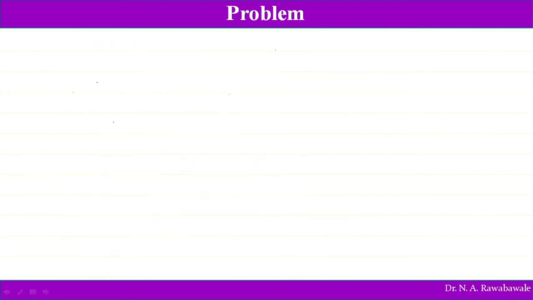So now volume of condensate per minute is equal to 5000, the mass of steam entering, divided by 1000, into 1 over 60. So this will be equal to 0.0833 meter cube per minute.